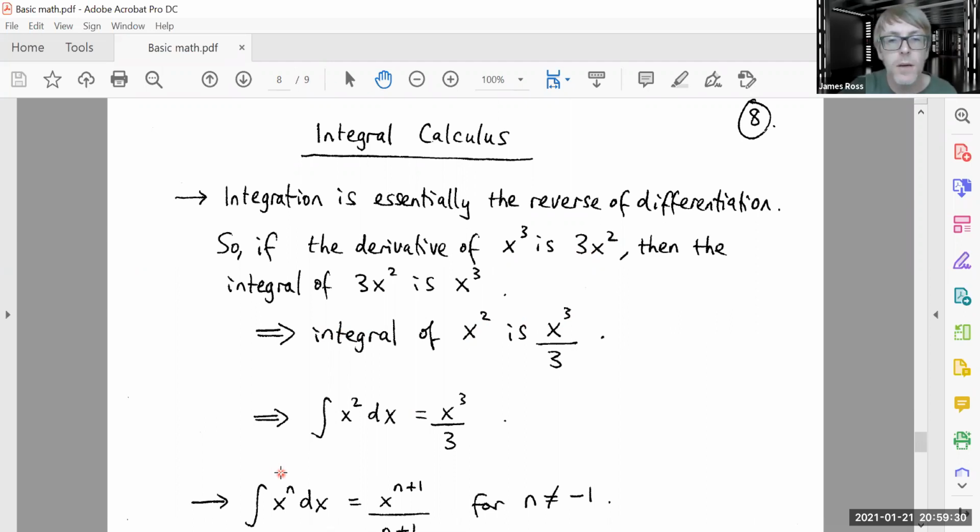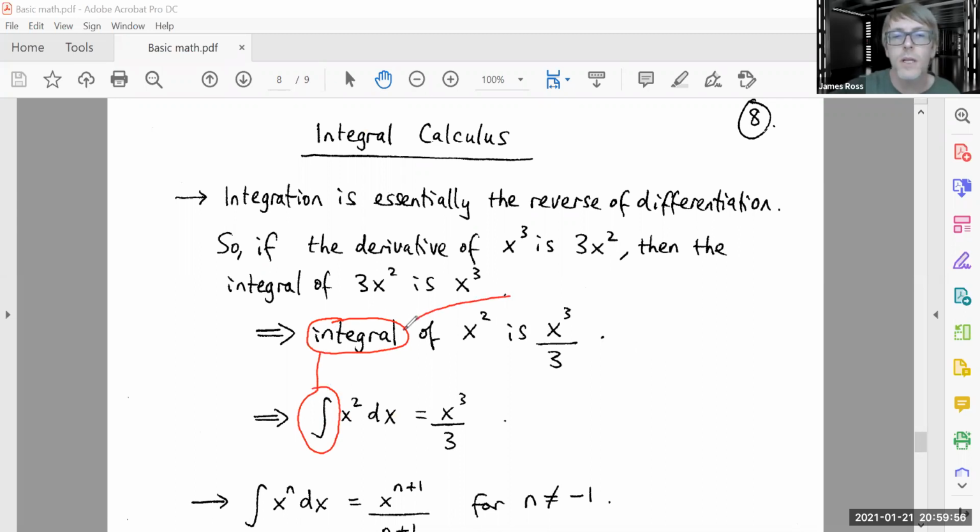So let's see. We can see another example here. The integral of x squared, here's how you'd write it. Let me annotate something here. So this integral is this term here.